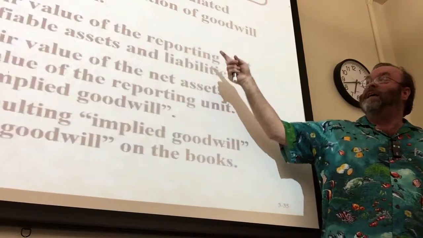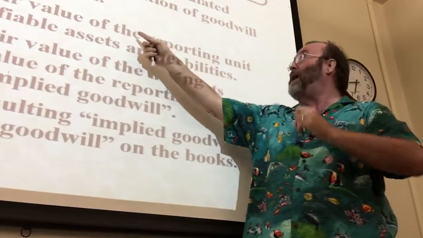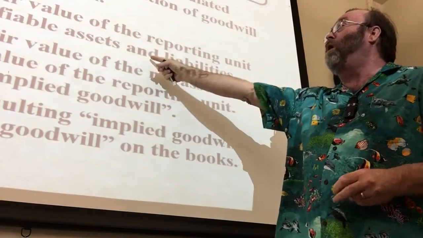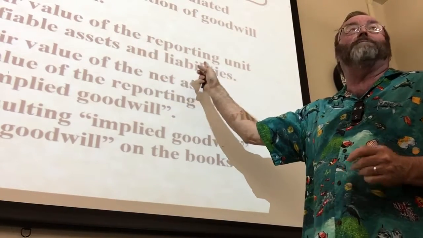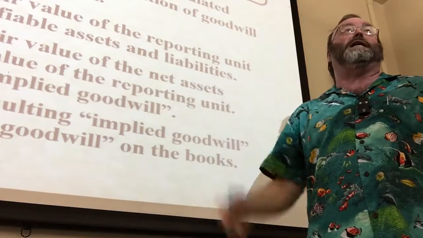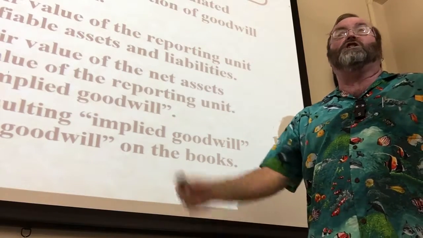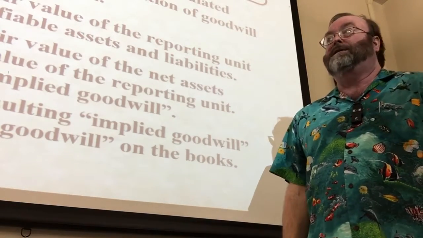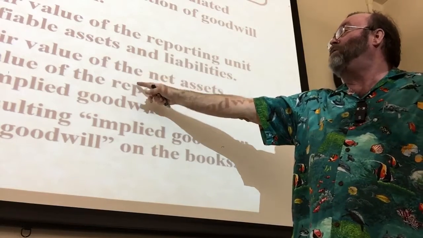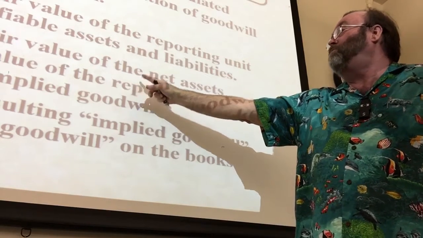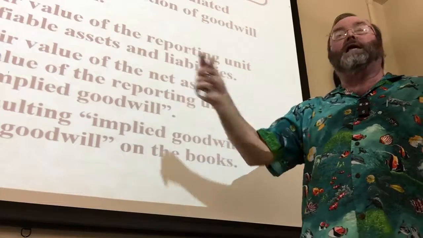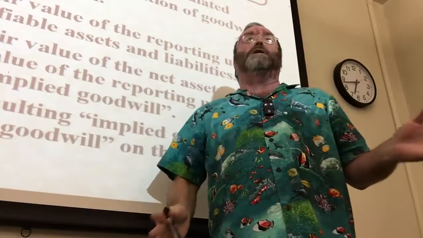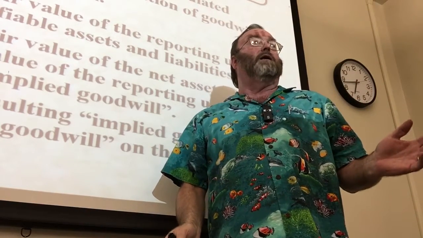And the second step is you allocate the fair value of the reporting unit to all of its identifiable assets and liabilities. This is the same thing you did at acquisition. You just repeat the process. And then subtract the fair value of the net assets from the fair value of the reporting unit, and look, you're redoing the goodwill calculation. All right?